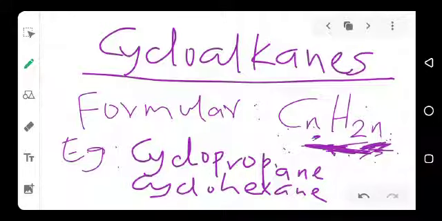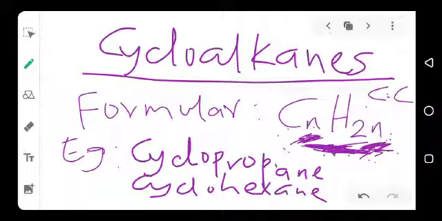Okay, so for these cycloalkanes, the smallest member is cyclopropane. That is 3. Because of what? If we put 1 here, only 1 carbon cannot close itself. If you put 2, it will be carbon and carbon, and these 2 carbons cannot close themselves.